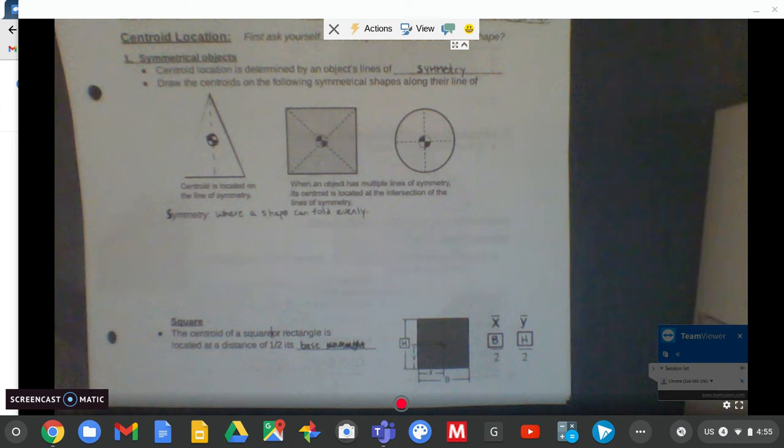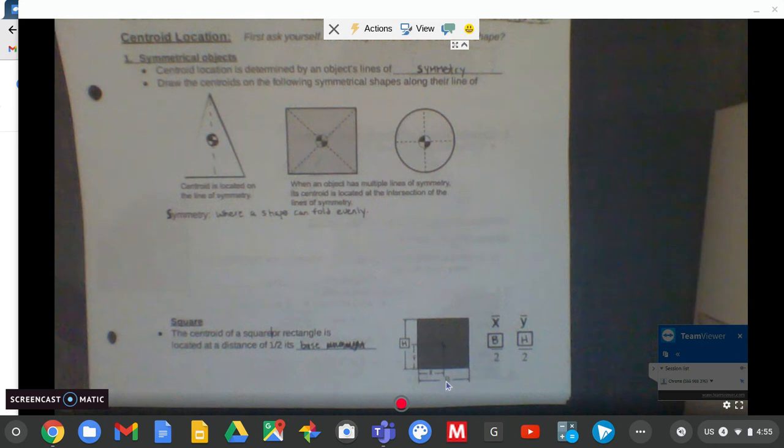Now, to find the centroid coordinates. It's not necessarily coordinates like on an XY plane, although that can be the case. If there is no plane, it's a little bit different. It's just showing you where, from the dimensions, it will be. This is how you find the x, and this is how you find the y. You just do base divided by 2 to find the x, height divided by 2 to find the y.